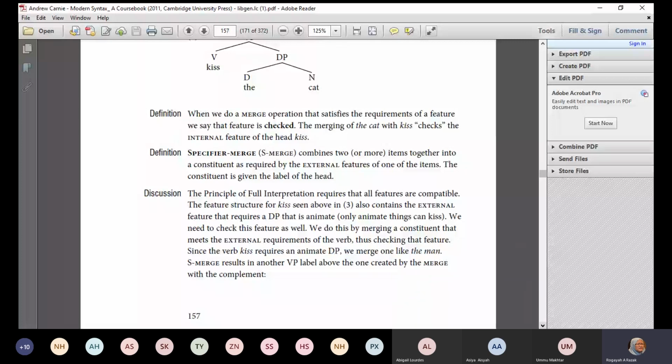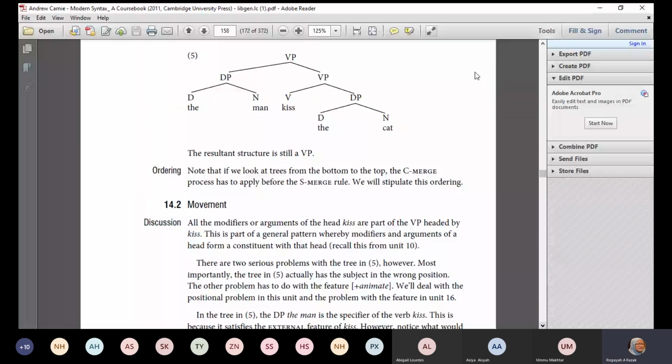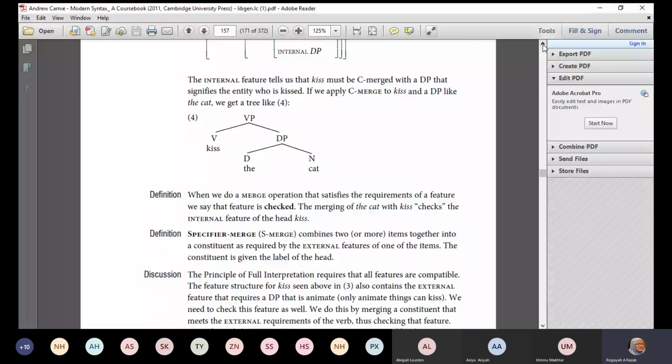So let's see the next page. Should be 157. This is 158, and there is 157.